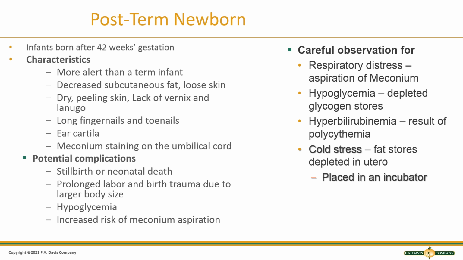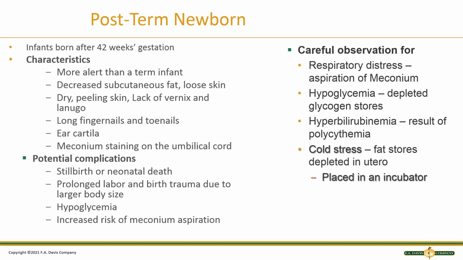An SGA infant must be watched closely if this has occurred. But remember, the placenta, just like the baby, is only supposed to be in utero for so long. The placenta is also supposed to be attached for so long. So after a certain point, it does not function well, and it can cause fetal distress if labor has not ensued.